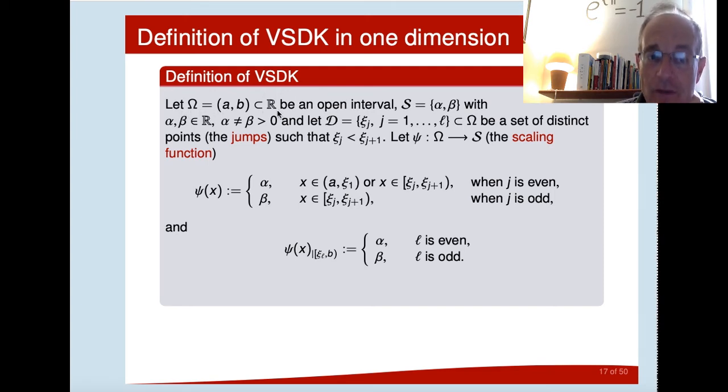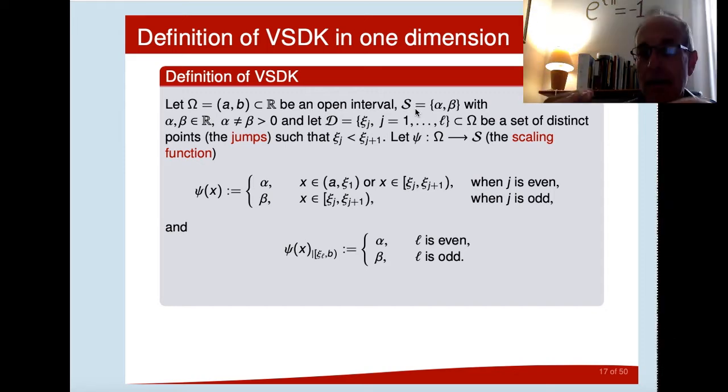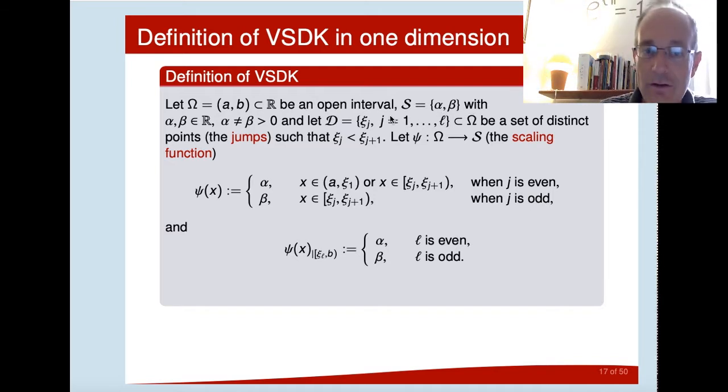Take omega, an open interval, then you take S, the set of values in some sense taken by the scaling function, and consider the set of the jumps. So it's a set of distinct points that we call the jumps, that we assume ordered, so Cj is less than Cj plus 1. Then the scaling function will be defined the following way. We do not need to have many values in S, but simply we can get two values.